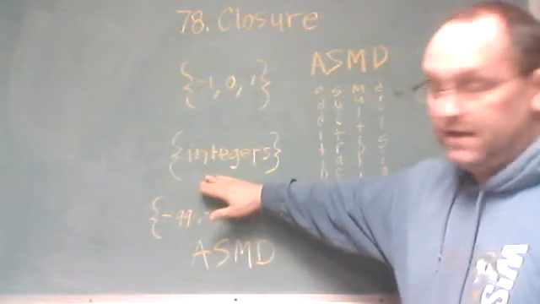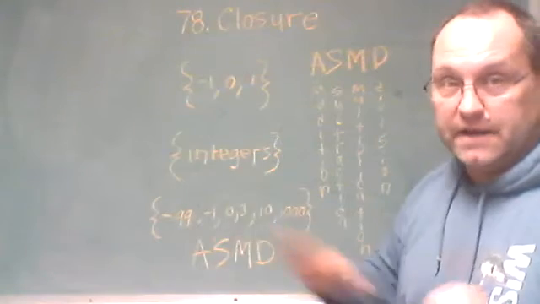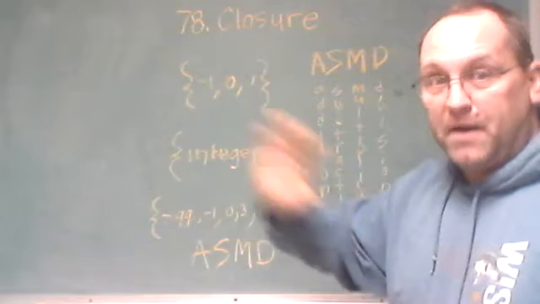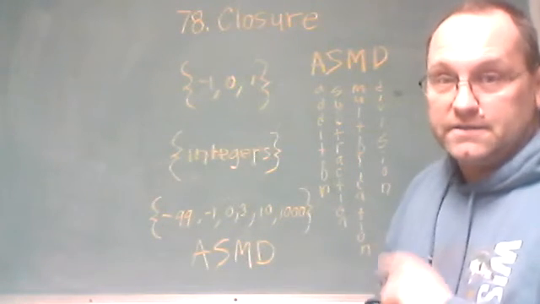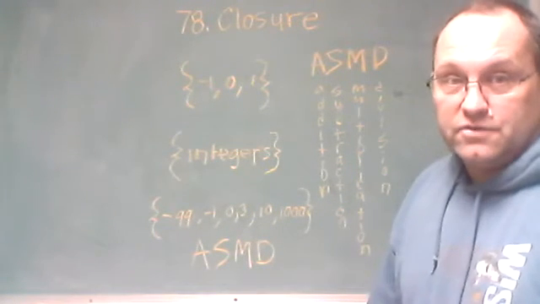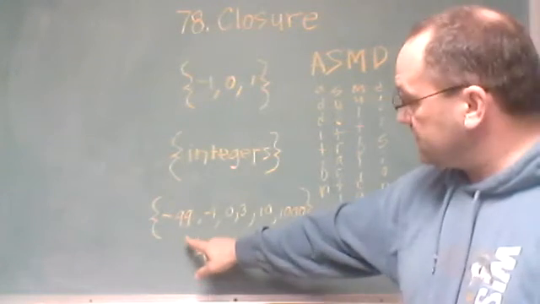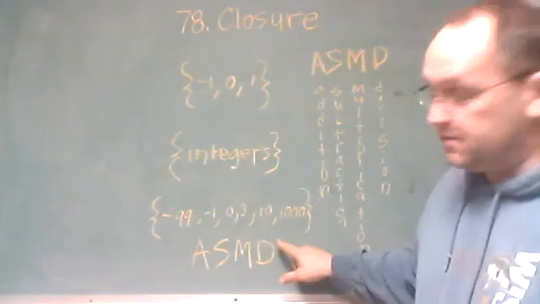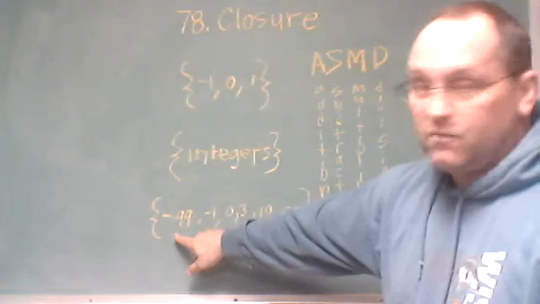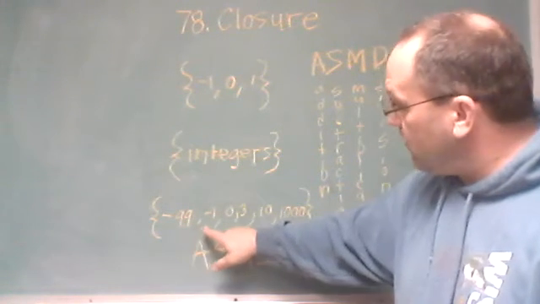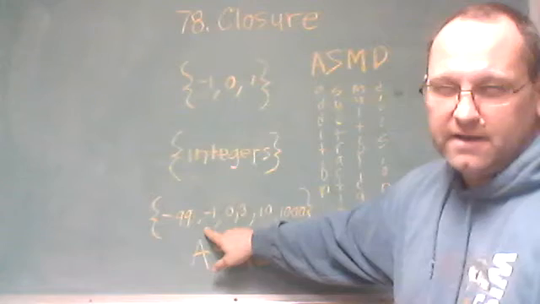If it's the set of integers, that's an infinite number of numbers. It's 0 and every positive integer to infinity, and every negative integer to infinity. So what we'll want to do in that case is come up with a sampling of numbers. I would take one that's really big in the negative region, one that's small negative.